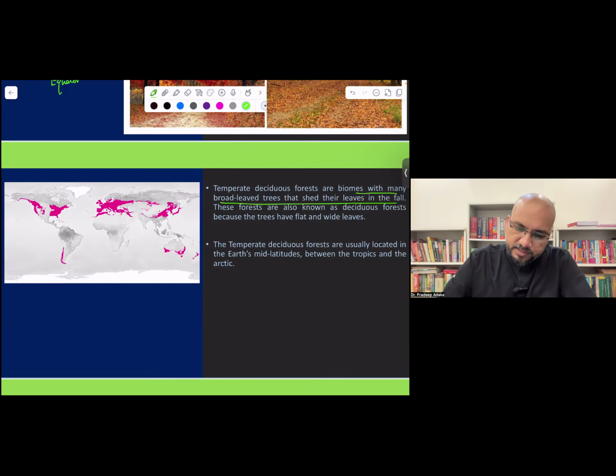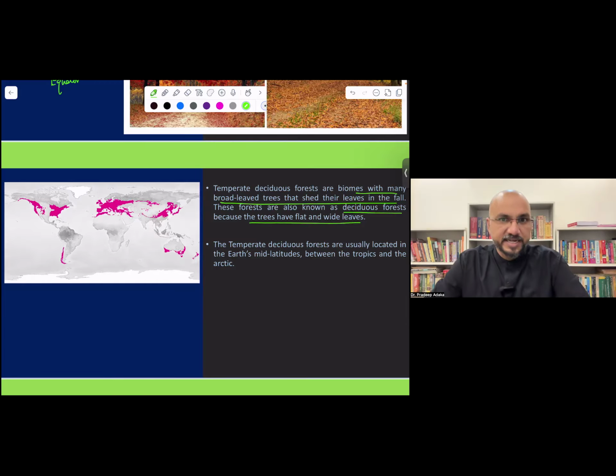These forests are known as deciduous forest because the trees have flat and wide leaves. In coniferous, the leaves are modified into needles. Here the leaves are broad, and the trees shed their leaves during the autumn or the fall.